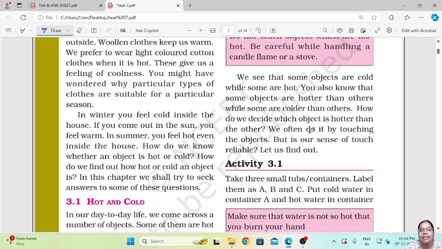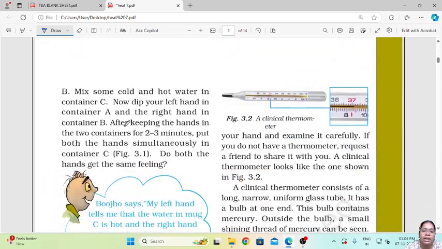So how is this heat measured? Heat is basically measured using a thermometer. Heat is caused because of temperature, that is, if the temperature of any substance is more, then that will be a hot substance. And how do we calculate the temperature? It is by using a thermometer.